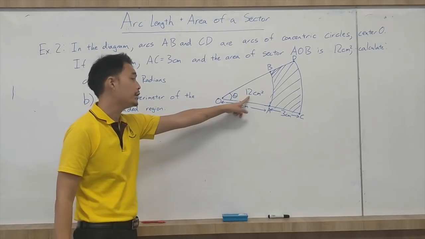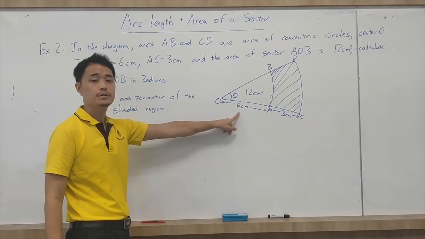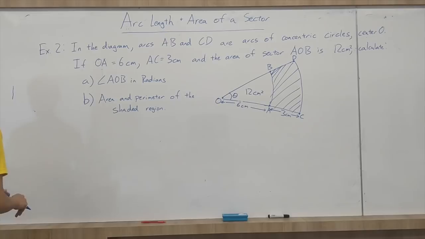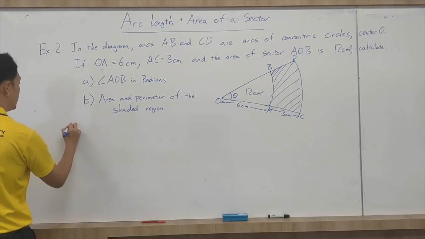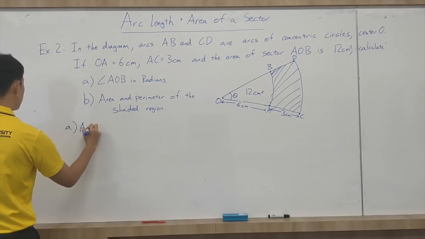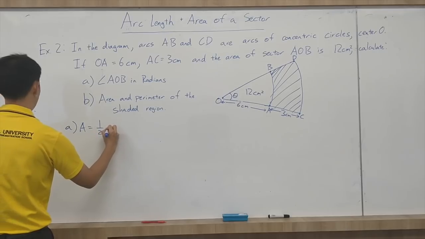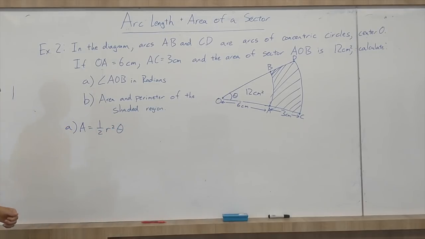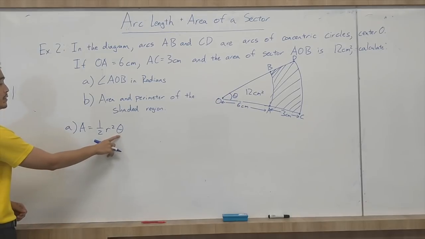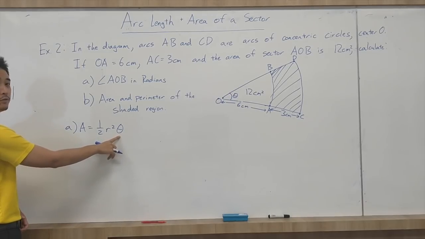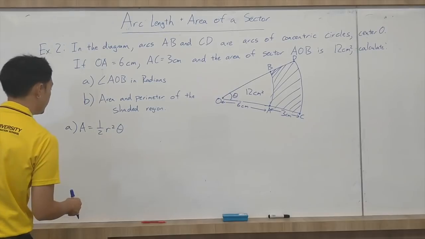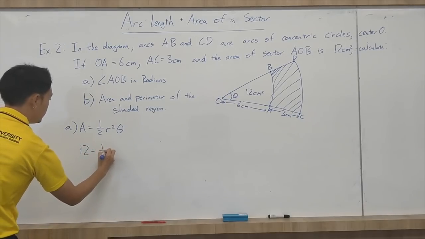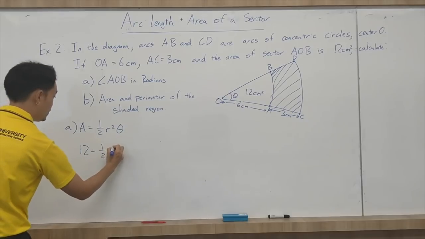Well, we have the area, we have the radius. That's probably enough information for us to find the angle, right? So let's turn to our friend A equals 1/2 r squared theta, or theta r squared. And in this case, of course, we are trying to solve for the theta, right? A is 12. R is 6 squared.